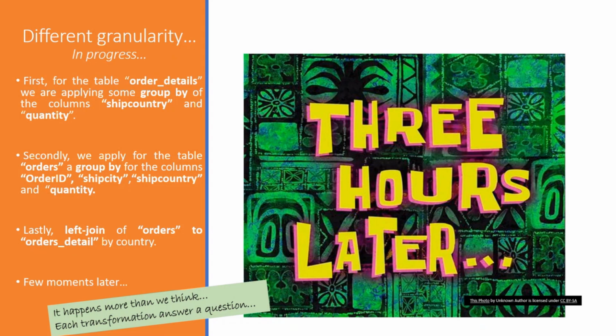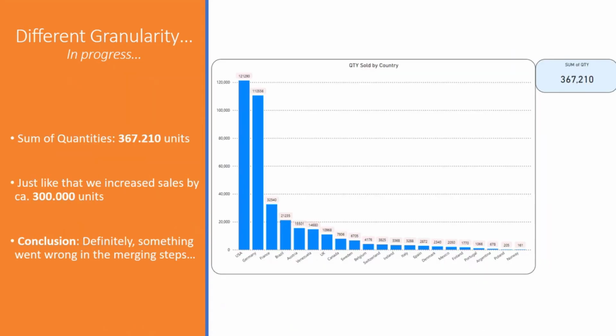And sometimes we are pumped by different questions, and we sort the data in so many different ways that we lose track of the nature of the data we are working with. So what happens then is that, of course, we increase the sum of quantities to almost 500,000. We increase the sales by 300,000 units.